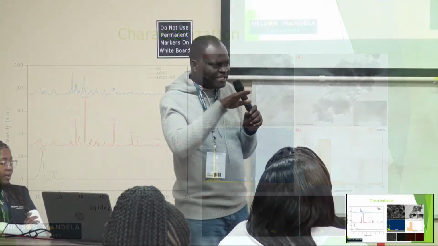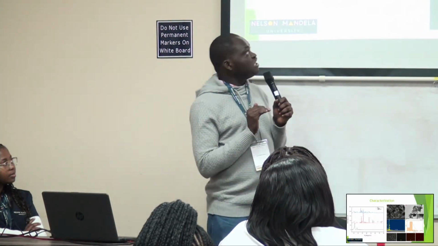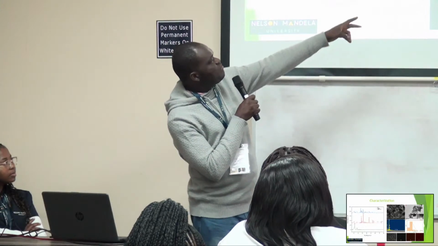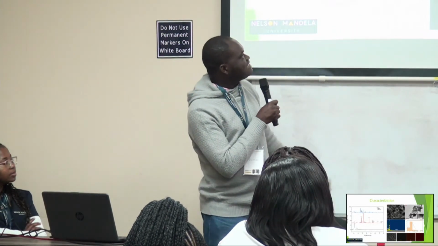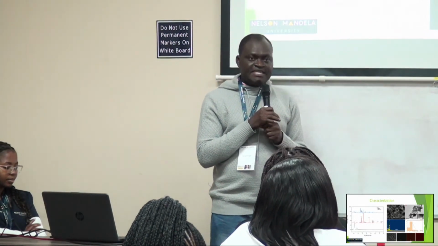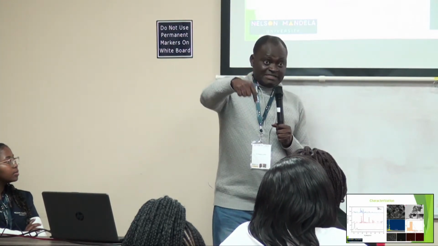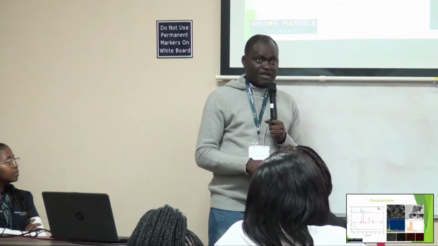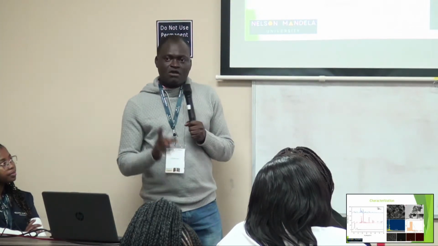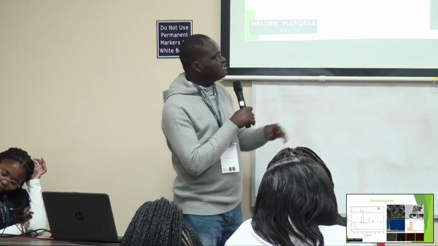We discovered that the particles of silver bismuth sulfide have a circular shape, and we went further to look at the EDX. EDX were able to tell us the real elements that are in silver bismuth sulfide. So we were able to discover that, no, we really formed the silver bismuth sulfide. After that confirmation, we did that for graphene oxide before we combine them.